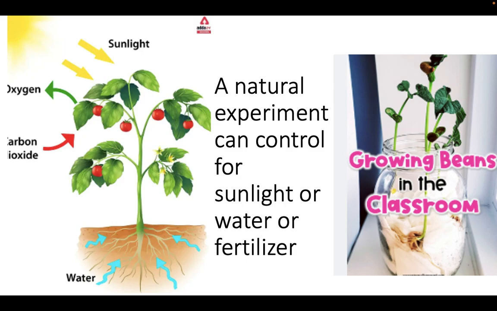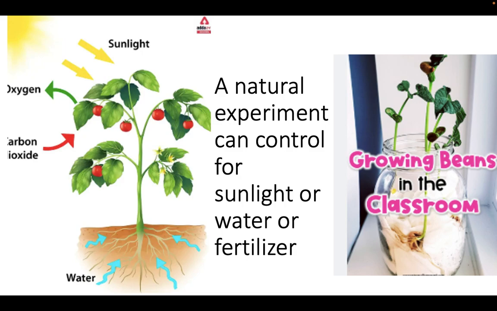You could always put the plant in a shade and maybe not give it water or fertilizer and control for those factors to actually see if one of the other factors had an impact on the plant actually growing or not. So, in the case of a natural experiment, we can control such factors as sunlight, water, or fertilizer.